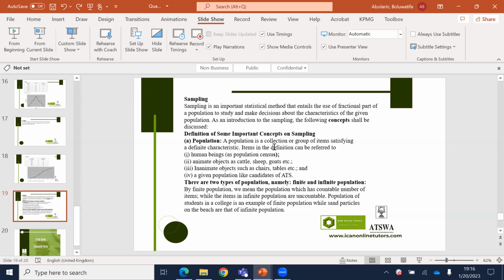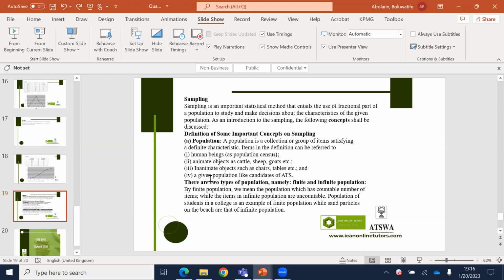It is a population. So it can refer to human beings, population census, animals, objects, cattle, inanimate objects like chairs, tables, a given population like candidates of 8 years, etc.